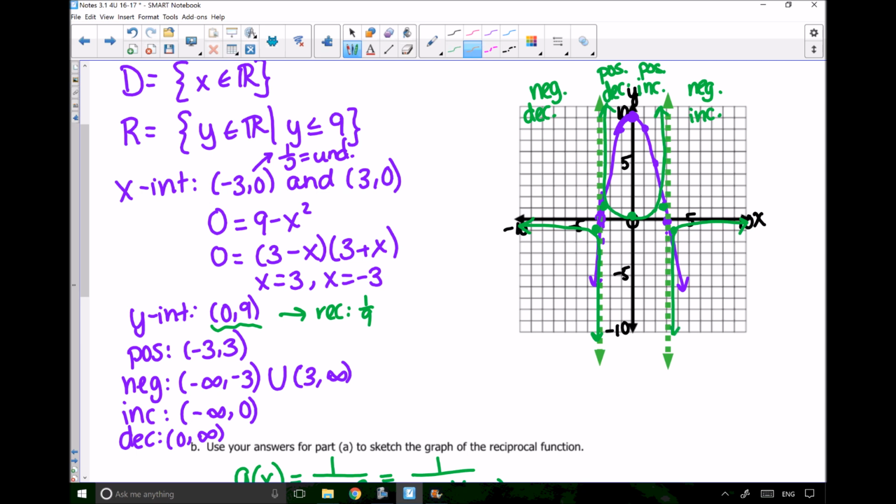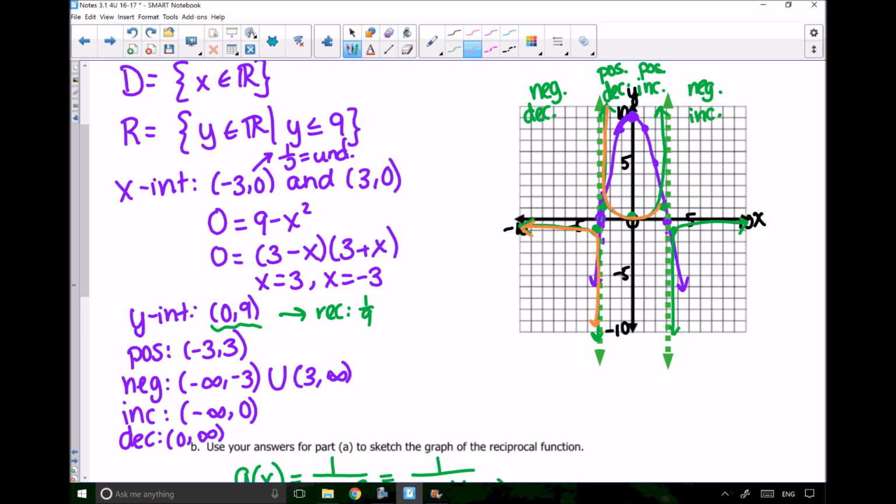Okay, let me go over it in orange so you can see it a little bit better and have a little bit of a distinction between the asymptotes and the graph itself. So again, here, my graph is negative and decreasing, so it's going to look as follows. Okay, over here, my graph is positive and decreasing, so it's going to look like this.